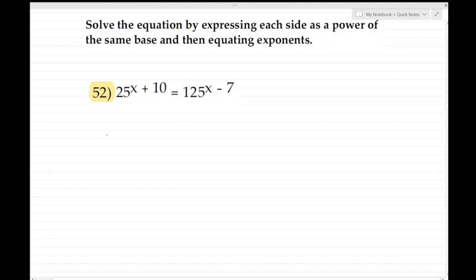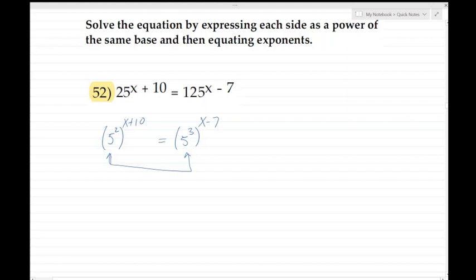So 5 to the power 2 is the same thing as 25. So at least that's the first guess, right? You have to start somewhere. And then 5 to the power 3 is 125, and then x minus 7 is the exponent. So notice how we have gotten the same bases, really.